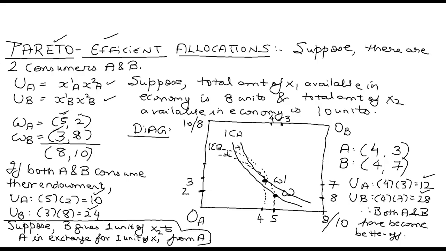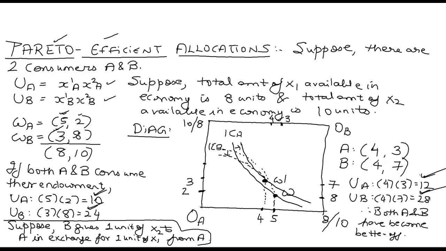A has also become better off, 12 is more than 10. B has also become better off, 28 is more than 24. So I want to ask, they will keep trading, but when will they stop? The question is, they'll continue to trade, but then when will they stop?